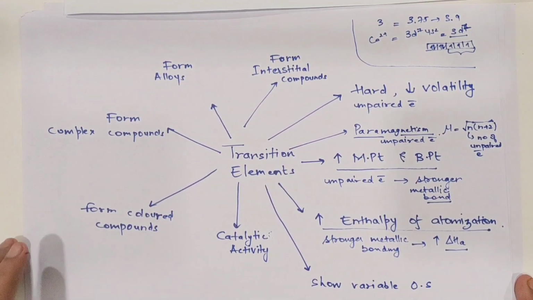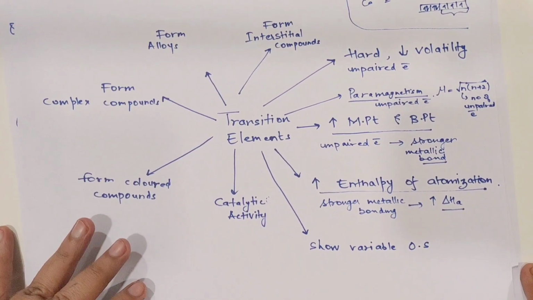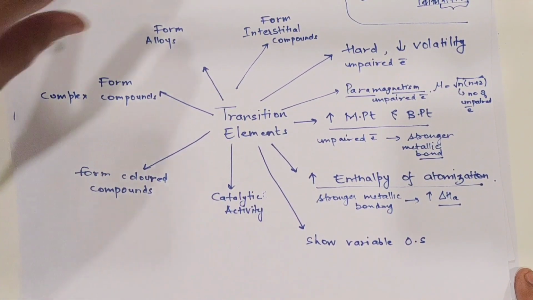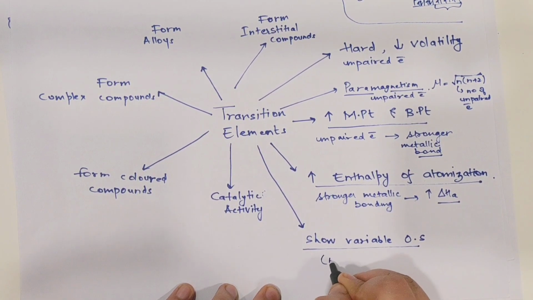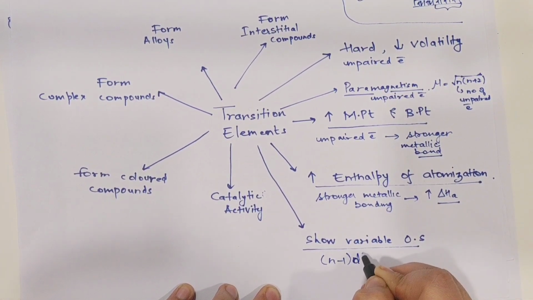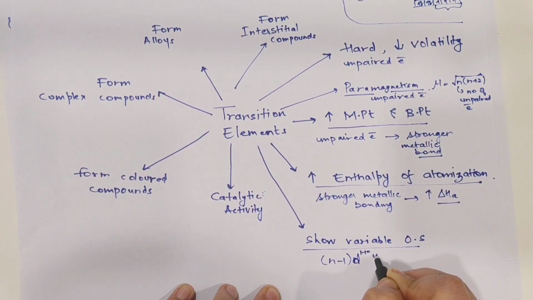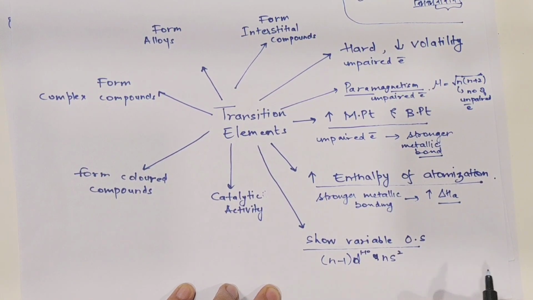Now, coming back to the properties, there's one very important property. Why do transition elements show variable oxidation state? When they show variable oxidation state, it means they show many oxidation states. Now, their general configuration is (n-1)d1 to ns2.